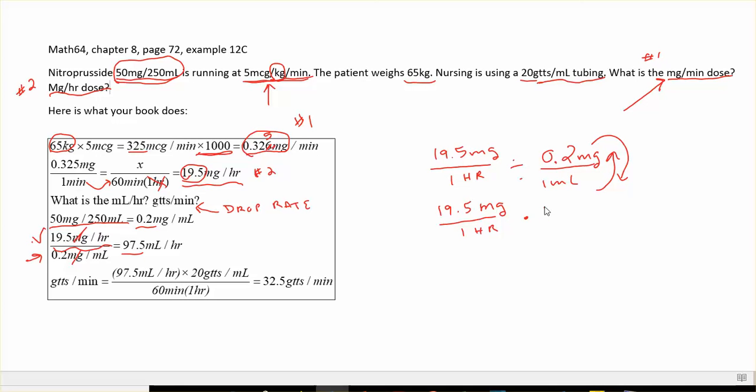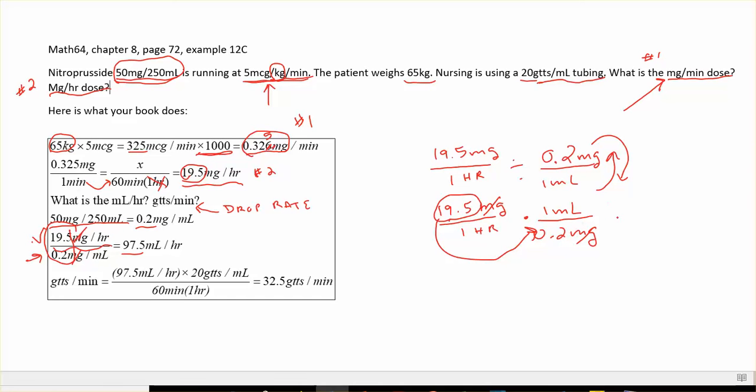So it's going to be 1 milliliter for 0.2 milligrams. Well, look what happens. The milligrams drop out. You end up dividing 19.5 by 0.2, right? Which is what they did right over here.